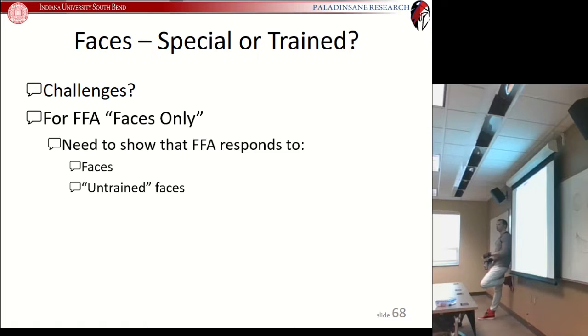Then it would show that it is not for highly trained stimuli, it is for faces. So it's not the fact that your typical human face is highly trained that it's making the fusiform face area respond, is that any human face will make the fusiform face area respond, whether it's trained faces or, and I put that in quotes, untrained faces.